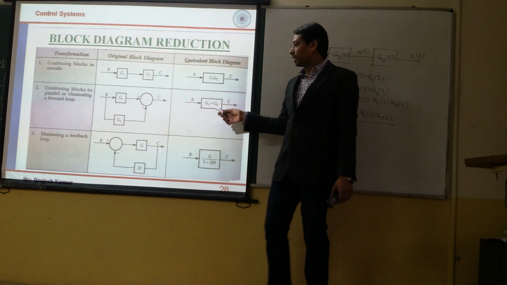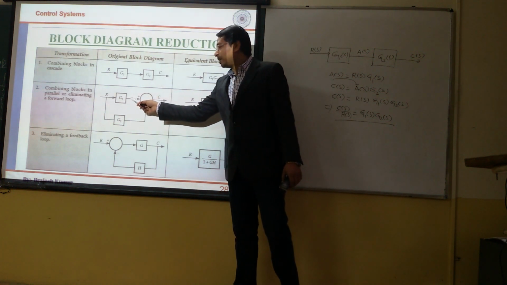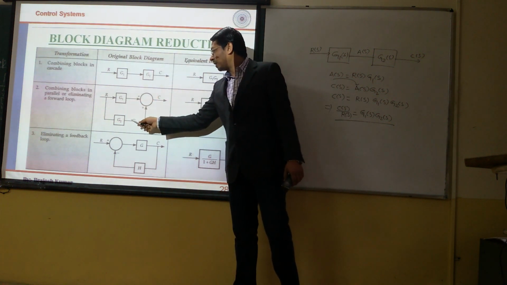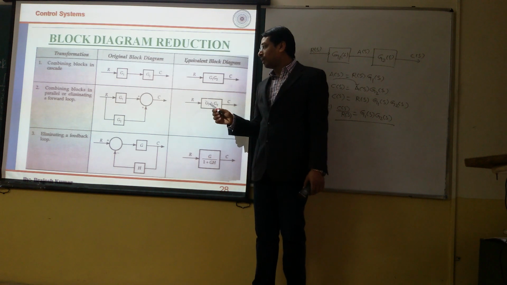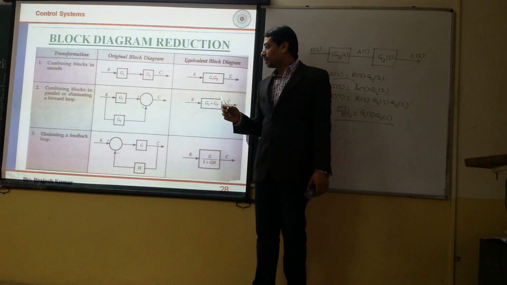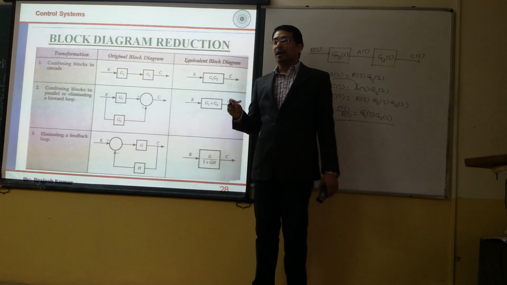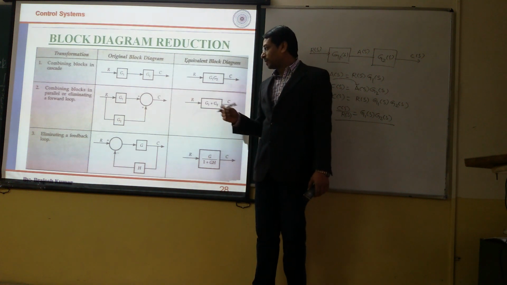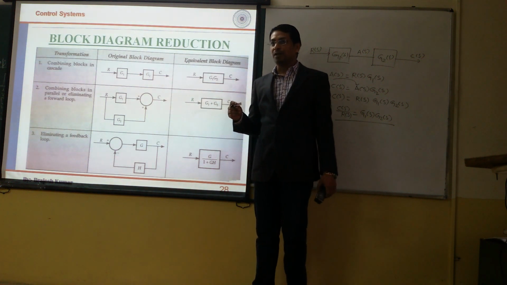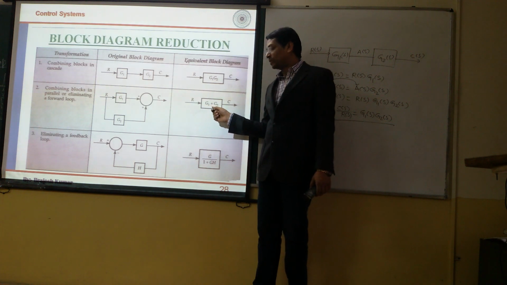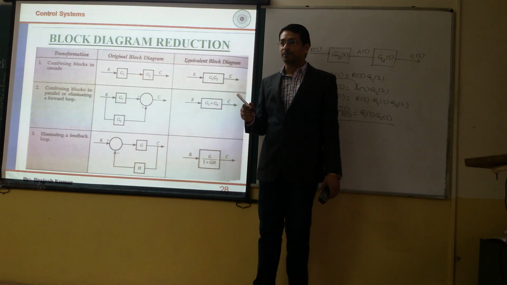You can verify this by taking A1(s) here and A2(s) here. C will be equal to A1(s) plus A2(s), where A1(s) is R into G1(s) and A2(s) is R into G2(s). If you divide C(s) upon R(s), you get only G1(s) plus G2(s).